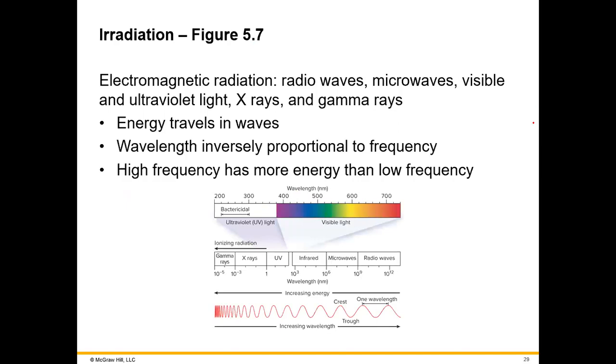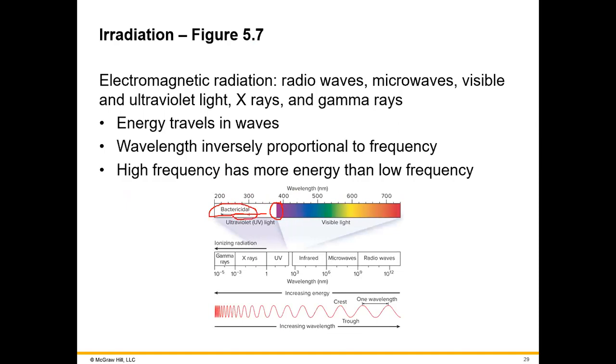Right. So the last physical method we're going to touch on is irradiation. You're familiar, of course, with irradiation. We typically use the short wavelengths of the spectrum, so anything in the UV region and below, shorter wavelengths, to be bactericidal.